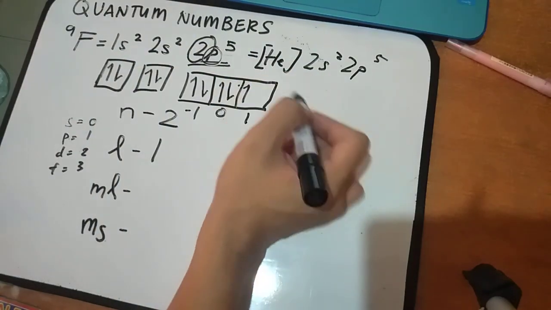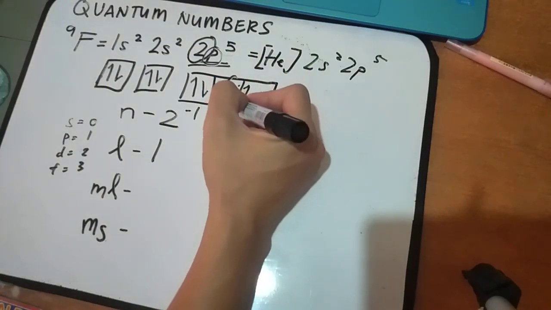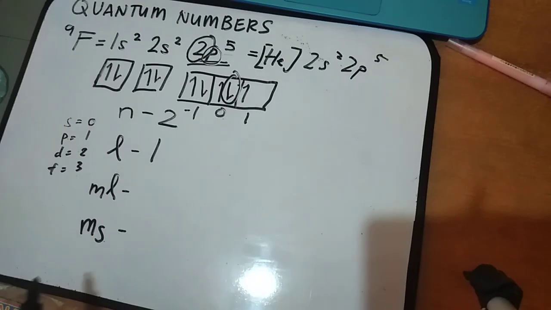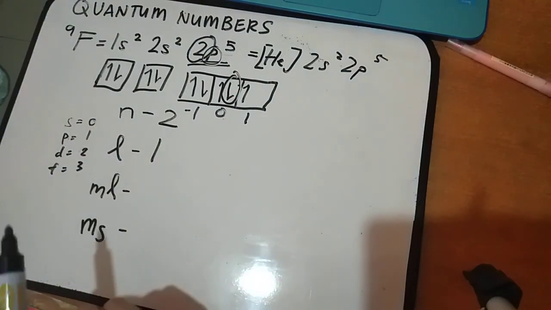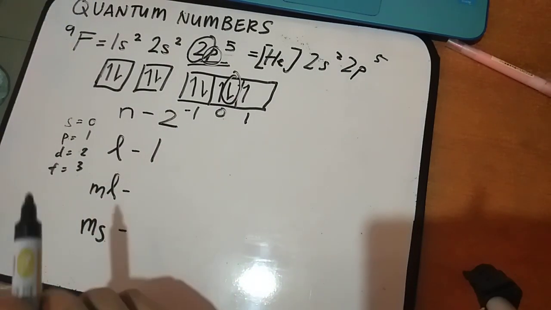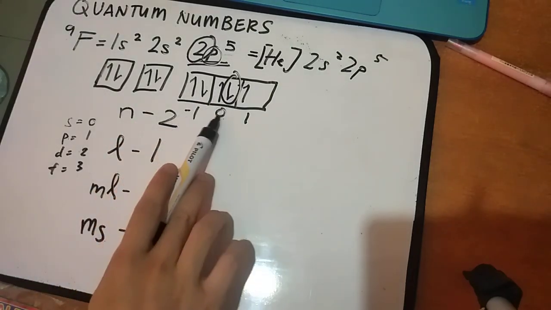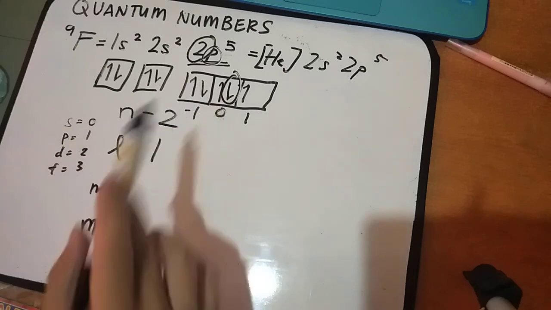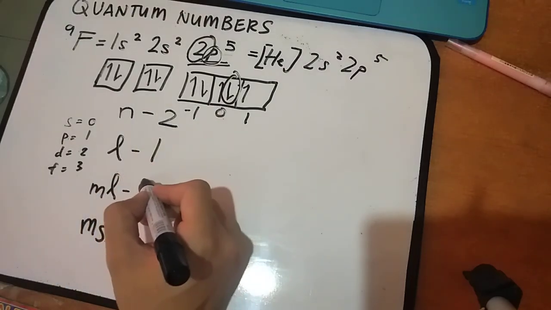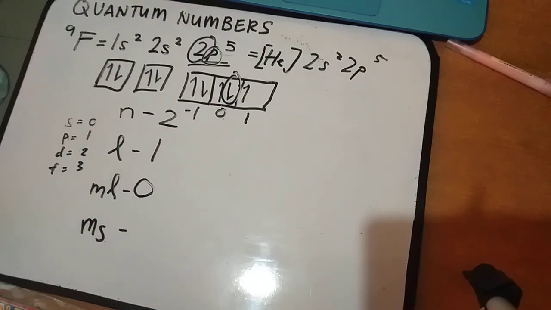So, di ba, nung nag-drawing ako kanina, this is my last electron na nilagay ko. Diba? Last arrow na nilagay ko. So, saan ba nag-end? -1, 0, or 1. Diba? Nag-end siya sa 0. So, practically, your ML would be 0.